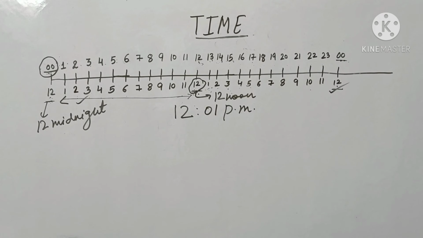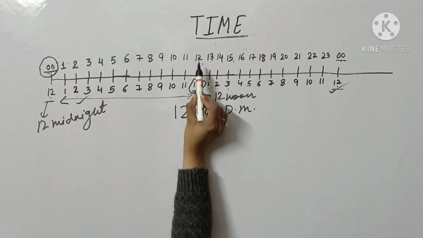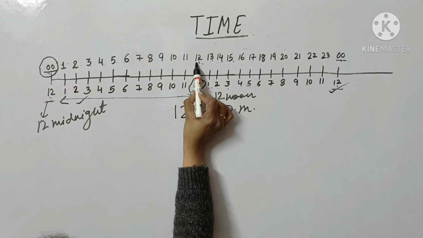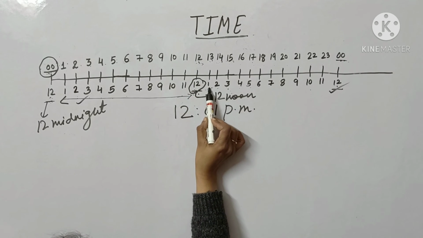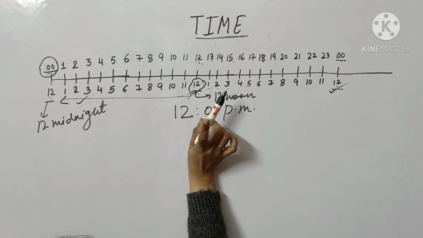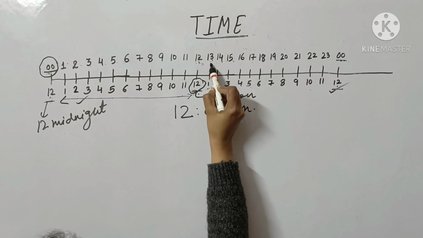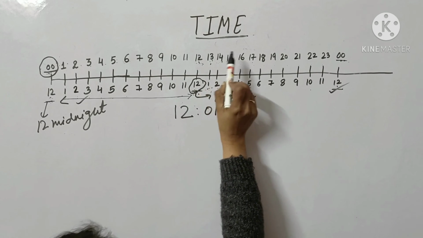Now, you can see when here it is 12, here also it is 12. Unless and until it comes to 1, the time is 12 only. This I have explained to you. Yes, when it comes to 1, then only we will read it as 13.